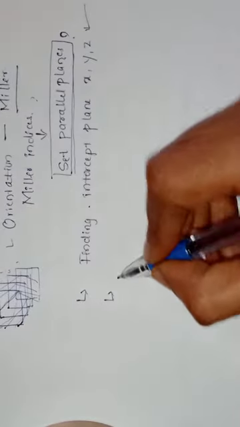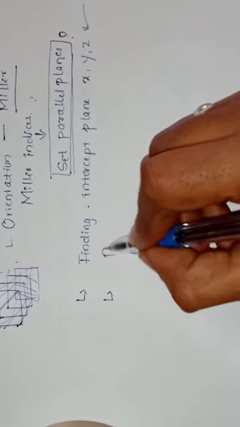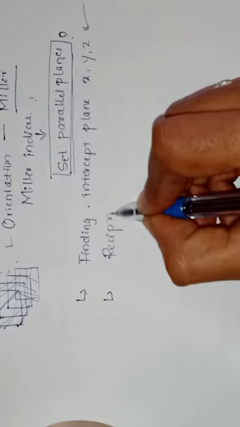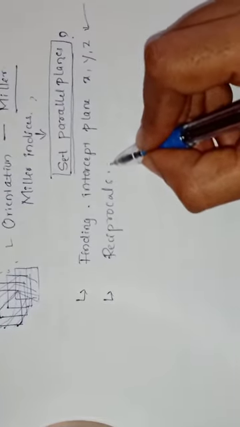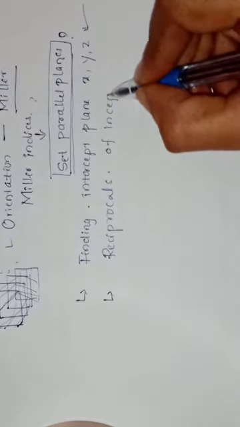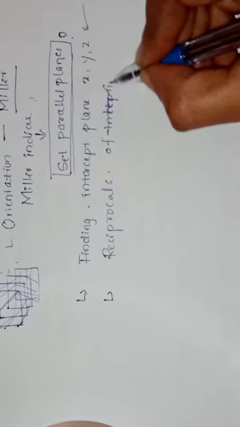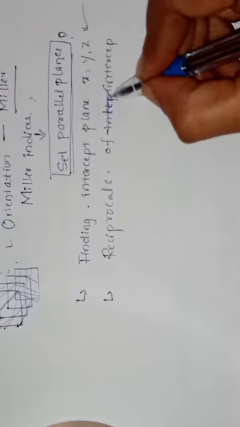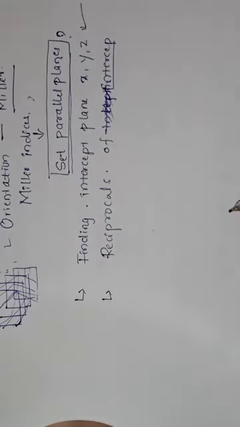The second step is we have to take the reciprocals of the intercepts.